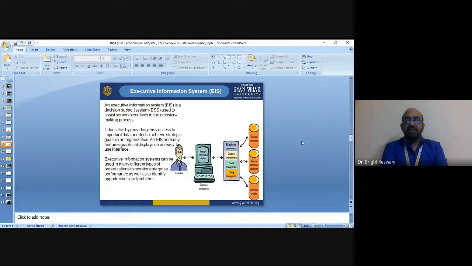An EIS is a decision support system, especially made for senior level executives. An EIS is concerned with how decisions affect the entire organization. An EIS takes some points into consideration, like the overall vision and mission of the company and the company's goals, like strategic planning and objectives, organizational structure, and strategic control and monitoring of overall operations.